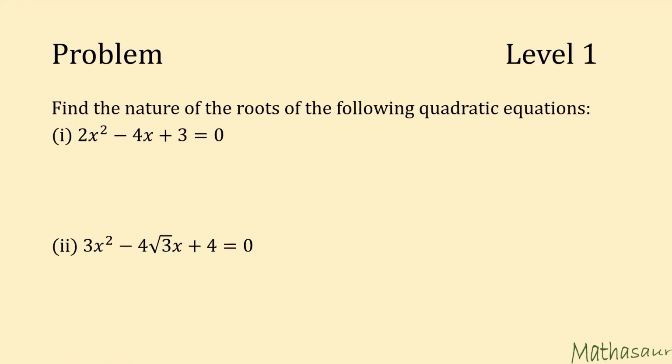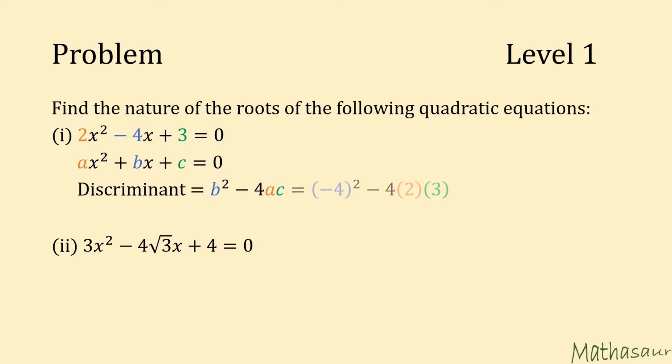Let us look at a few questions. Find the nature of the roots of the following quadratic equations. Let us look at the first one. Now since we want to find out nature of roots, let us look at the discriminant, b square minus 4ac. Let us identify our a, b and c here and substitute the values.